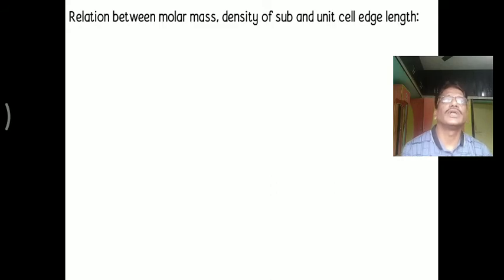There are 3 terms: molar mass, which is represented by capital M, then density, which is represented by rho, which looks like a small p, and the last one is edge length, that is a. If we consider the cube, that cube has 3 edges, a, b and c, and there are 3 angles, alpha, beta and gamma. So we have to study the relation between the molar mass, density and edge length.